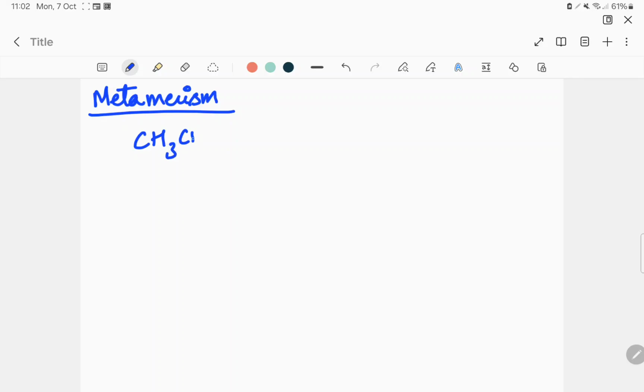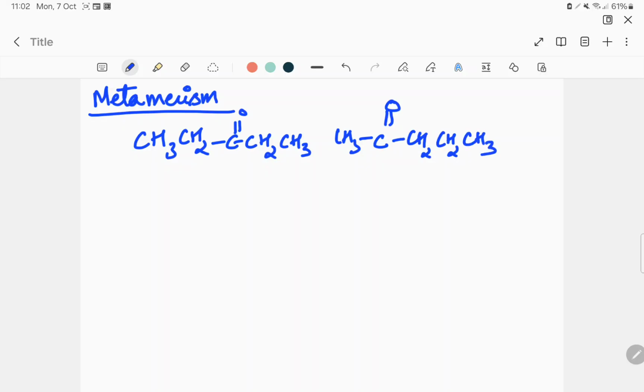we have CH3, CH2, C double bond O, CH2, CH3. Here are two carbon atoms on the left-hand side and three carbon atoms on the right-hand side. The metamer of this will have one carbon atom on the left-hand side and 4 carbon atoms on the right-hand side.